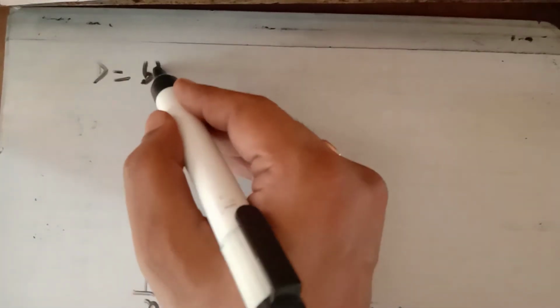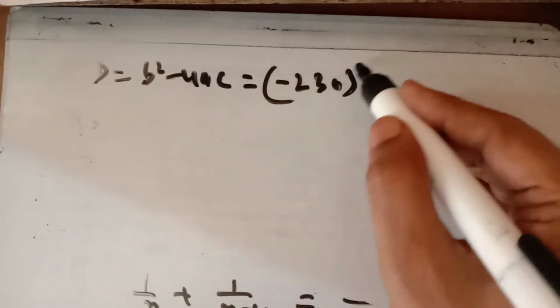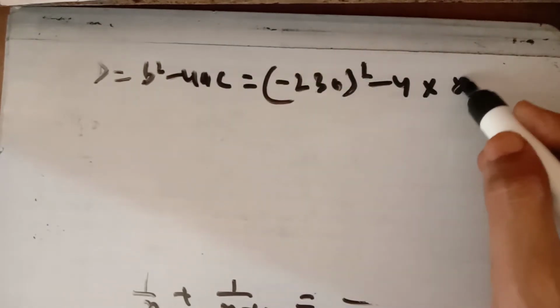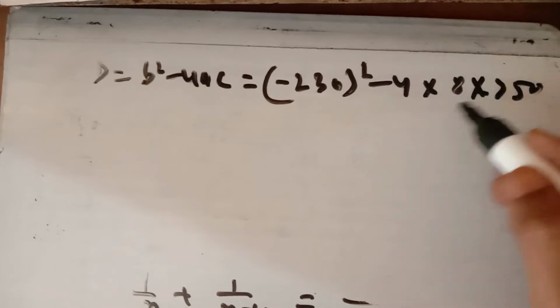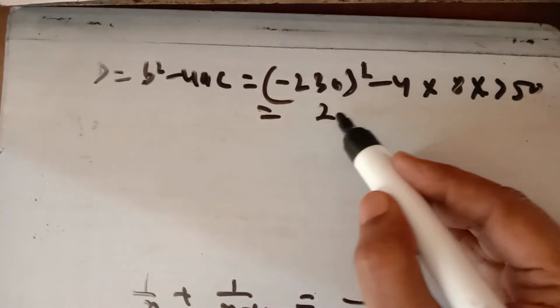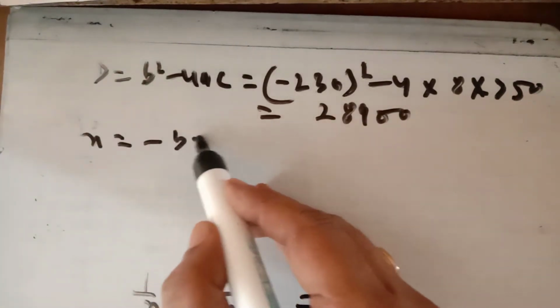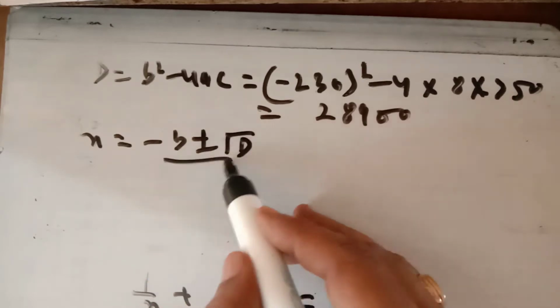D will be b square minus 4ac, that is minus 230 whole square minus 4 into 8 into 750, and the discriminant is coming out to be 28900. So the formula is x equals minus b plus minus root D upon 2a.